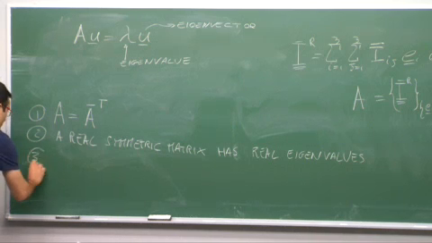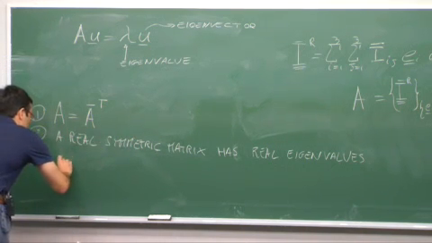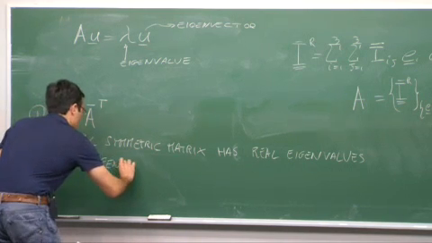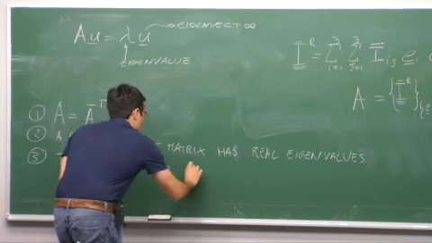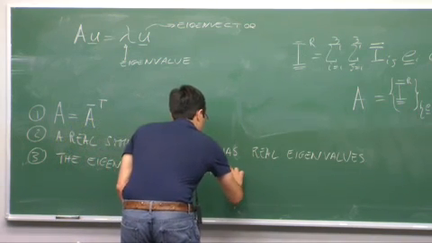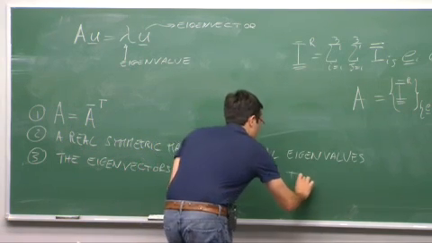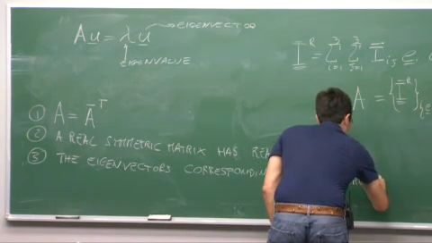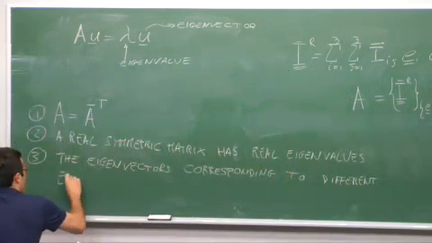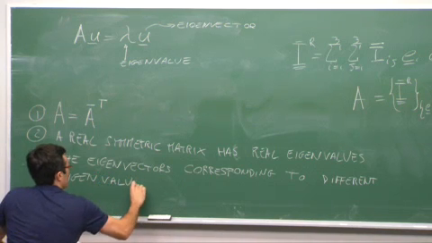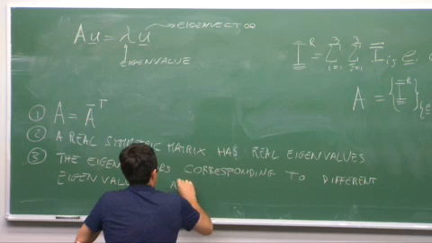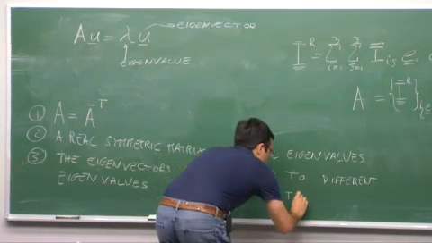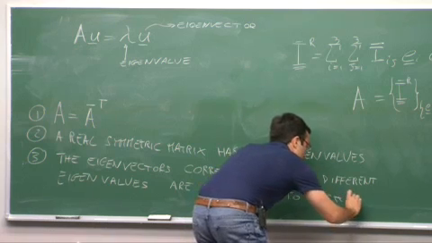And then we have another property for the same type of matrix: the eigenvectors corresponding to different eigenvalues are orthogonal to each other. Okay.